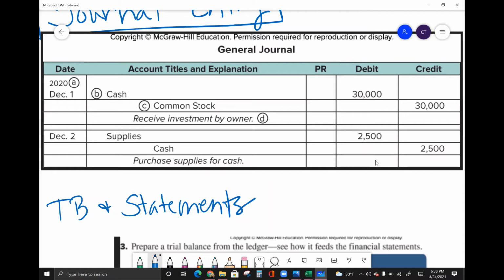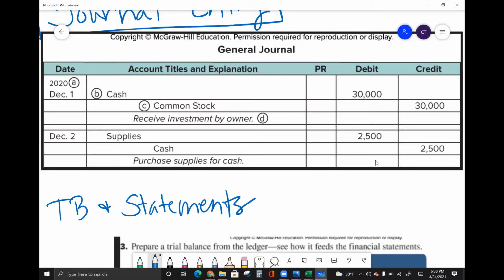I'm spending $2,500 on supplies and paying cash. So I have supplies, $2,500 as a debit, that's my asset. My cash is going out, it's another asset, but it's a decrease, so I'm crediting cash $2,500. If I wanted to know my cash balance, you just take the $30,000 less the $2,500, and then I have my ending balance.